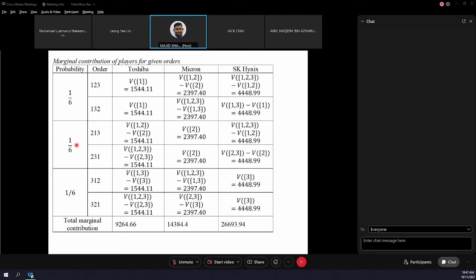Finally, what I'm going to tell all of you is the total marginal contribution. When you calculate everything according to the matrix, you will get marginal contributions for player 1, player 2, and player 3, and you add up the values here to get the total marginal contribution for each player.